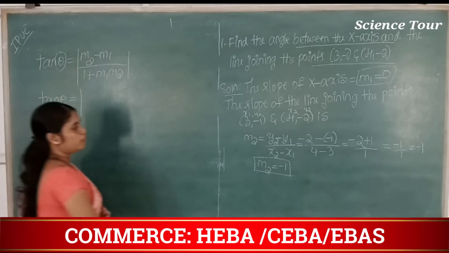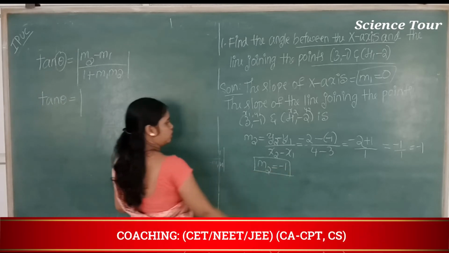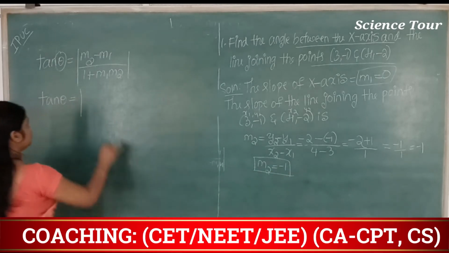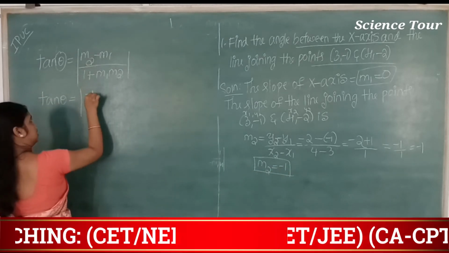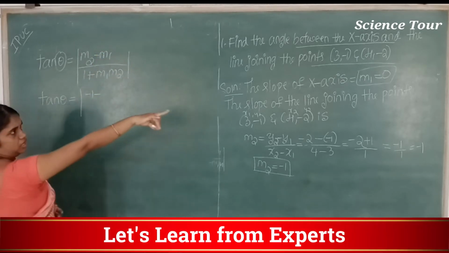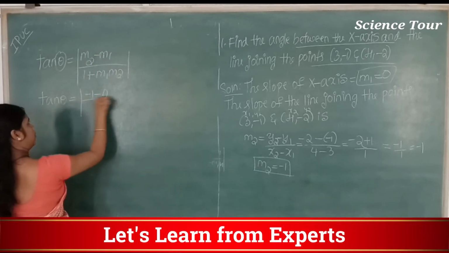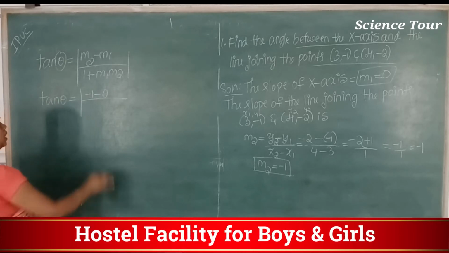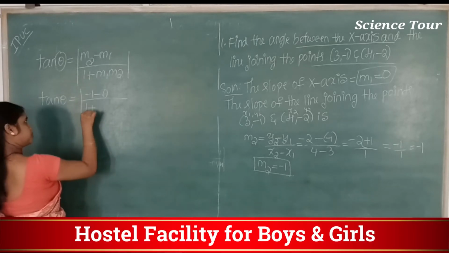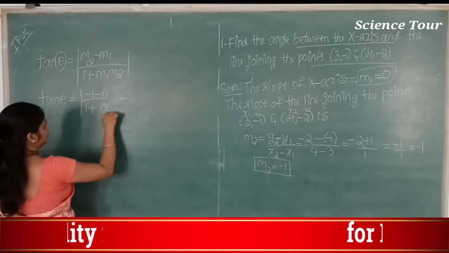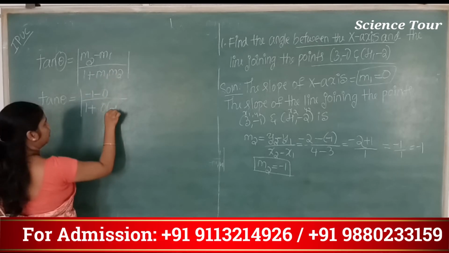What is the value of m2 here? m2 is equal to minus 1. So minus 1 minus m1. m1 is equal to how much? 0. By 1 plus m1 into m2, where m1 is equal to 0 and m2 is equal to minus 1.